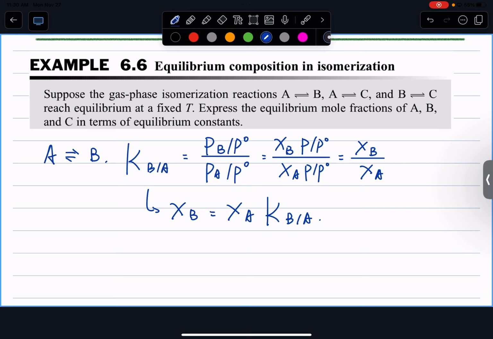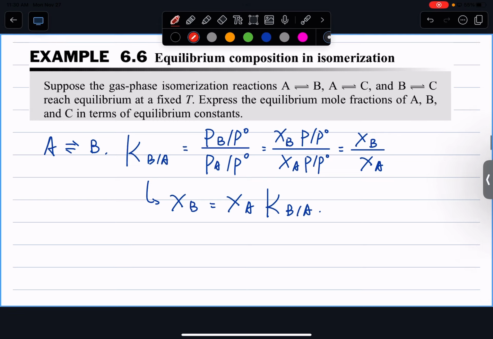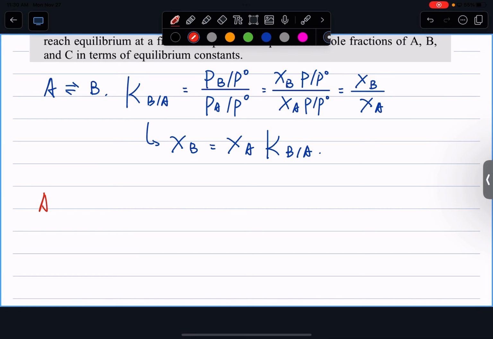So the first one is checked. We are expressing the mole fraction of B using the mole fraction of A and the equilibrium constant. Next up, what about A and C?